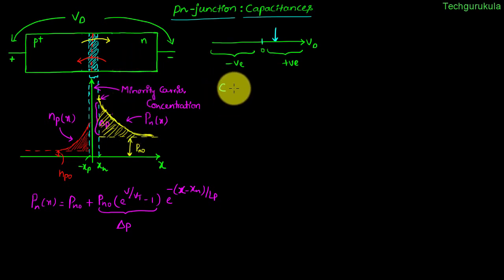And we're going to define the diffusion capacitance, and it should be a small signal capacitance. So we write it as del Q by del VD, and as del VD tends to 0, we can write this also as dQ over dVD.